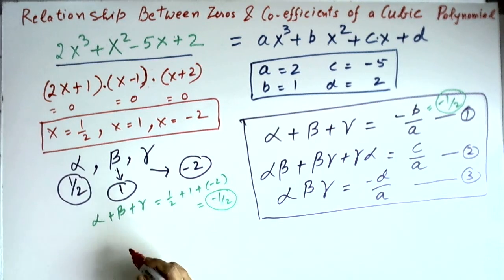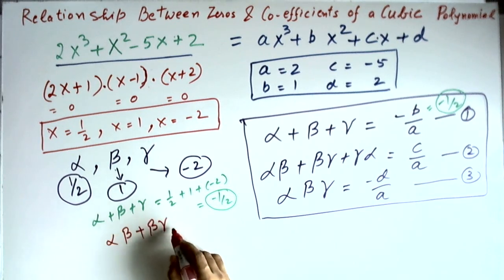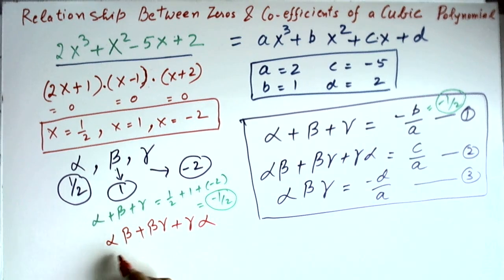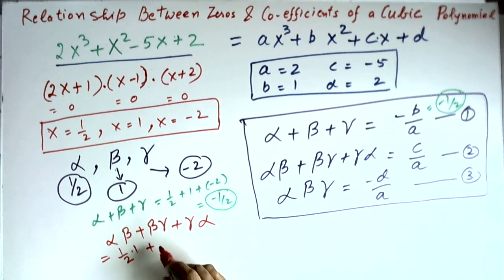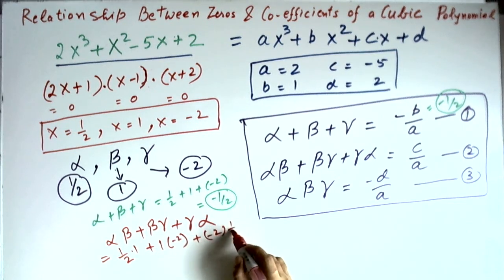Then we check the second relationship: alpha beta plus beta gamma plus gamma alpha. Alpha beta is half into 1, plus beta gamma is 1 into minus 2, and finally minus 2 into half.